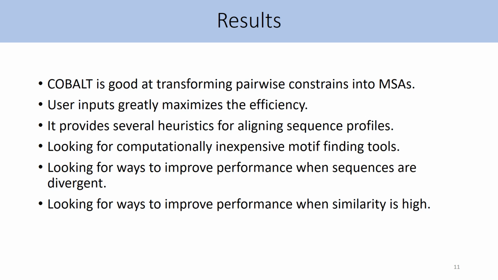In the future, they'd like to find computationally inexpensive motif finding tools in order to increase the accuracy of the tool as well as the speed. They are also going to look for ways to improve performance when sequences are divergent. It's hard to align sequences when they're divergent, so they hope to find ways to improve that performance.